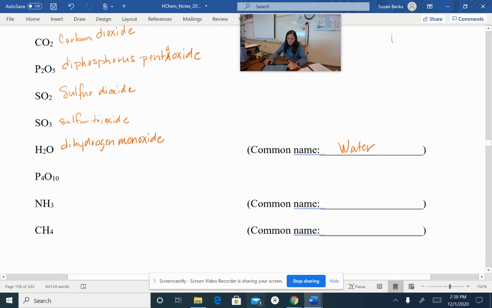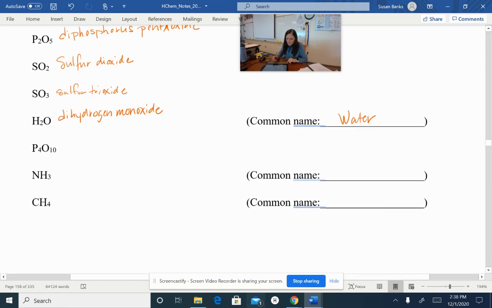All right, P4O10. So this is going to be tetraphosphorus decaoxide. And once again, that A can be dropped if you'd want.